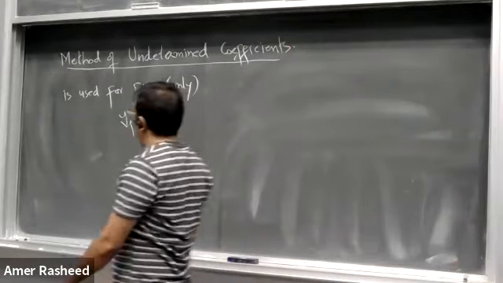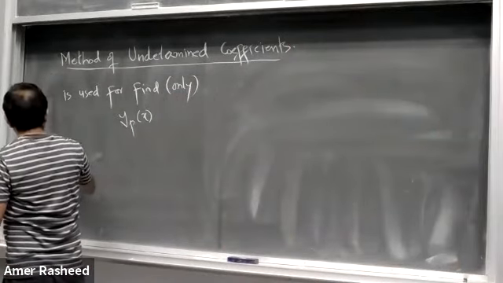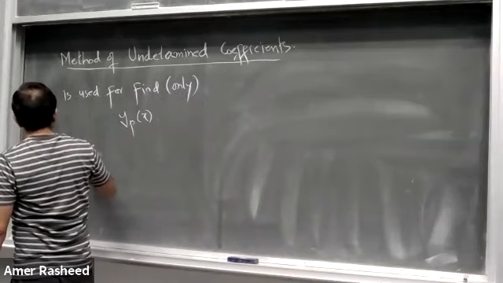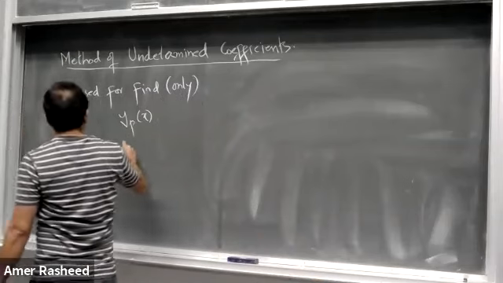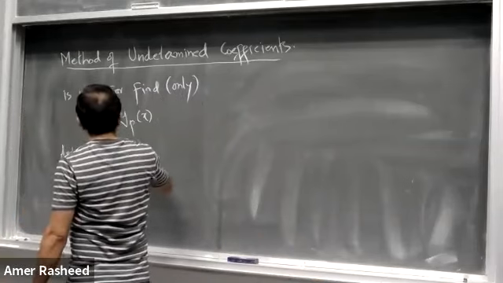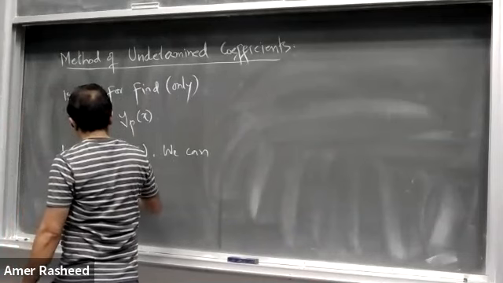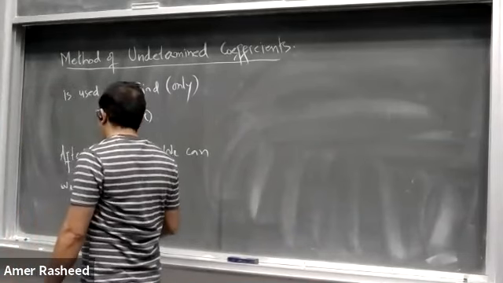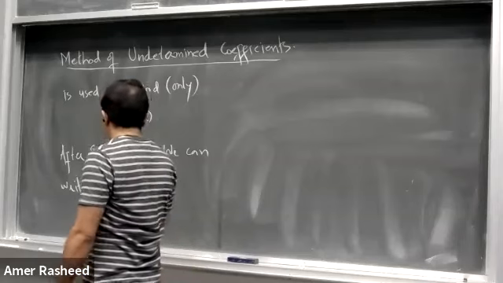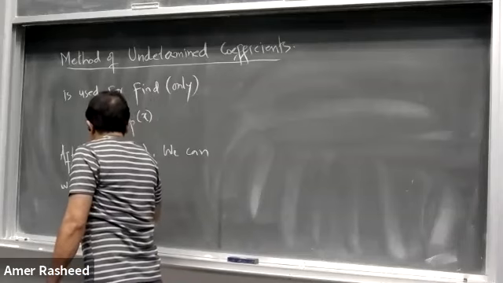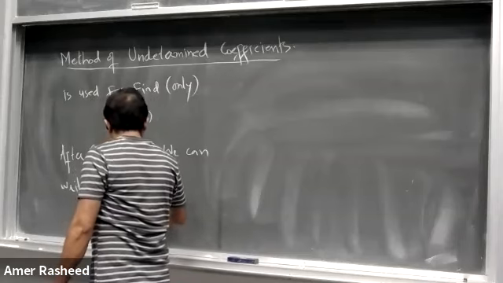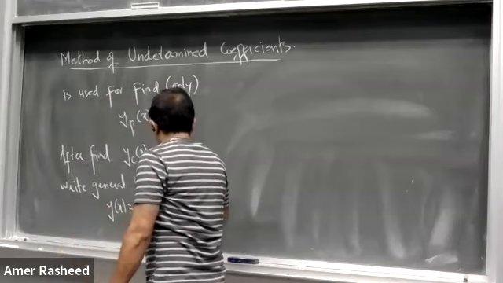After finding y c of x, we can write the general solution of the given non-homogeneous differential equation as y of x is equal to y c of x plus y p of x.